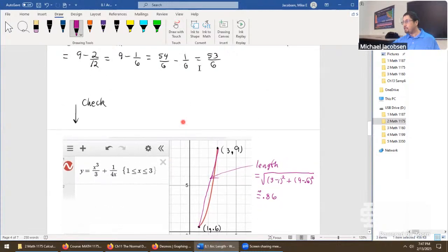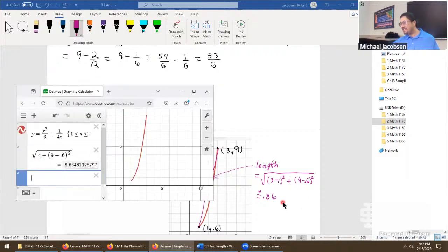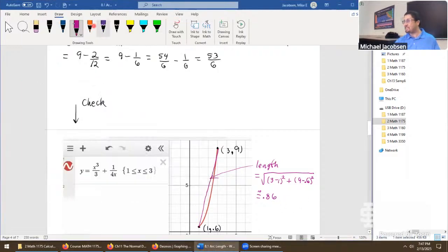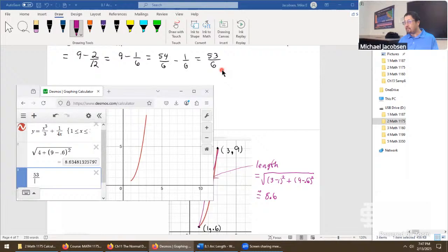Now, once we have that figure, we go to our answer. And if we're off, way off, or hang on, I'm way off down here. 8.6 is what I should have put here. Our check is going to look really odd. 8.6 finally. Now go back to this 53/6, and we get 8.8.